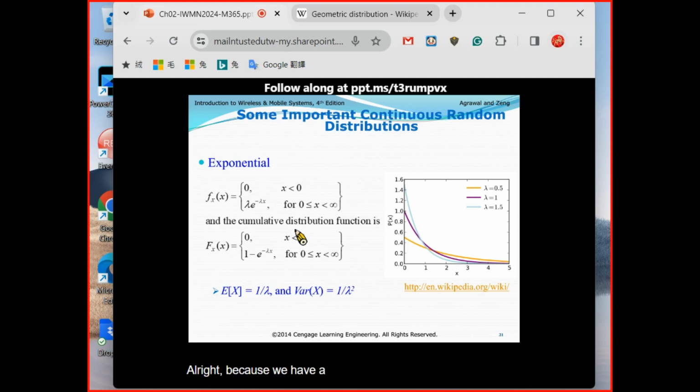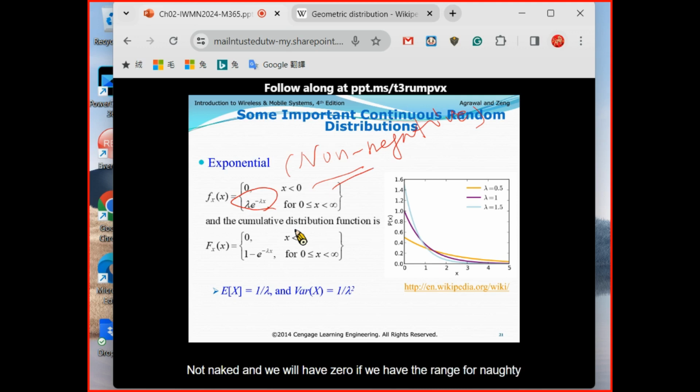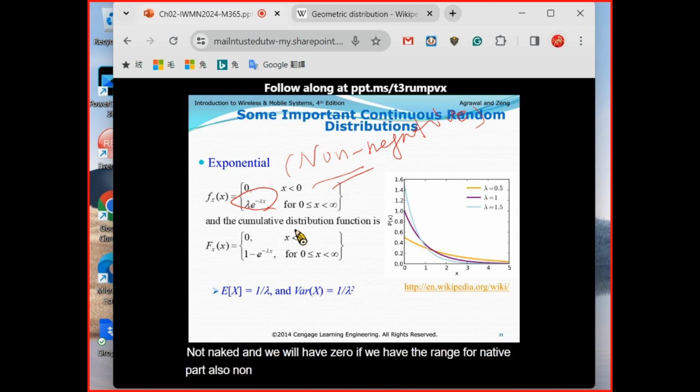So the formula for exponential, normally we use a form like this, not negative. And we have 0 for the negative range. For the non-negative part, we follow this formula.